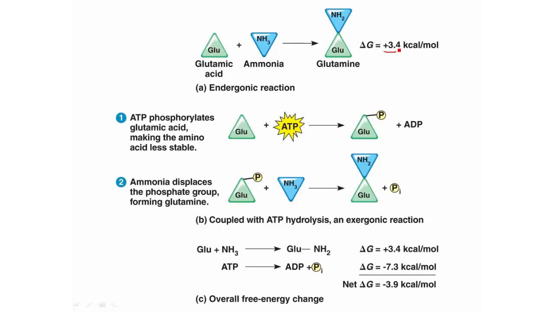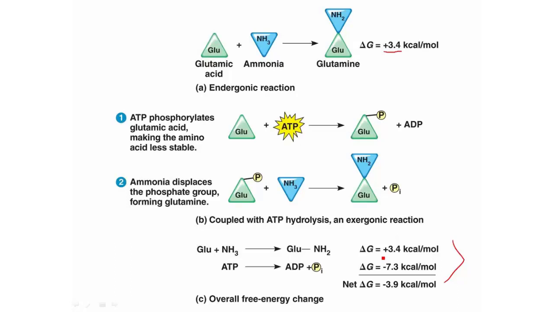So it's a pretty complicated diagram here, but if we look down here at the bottom, if we take ATP hydrolysis and we split the ATP apart, as we said before, we get a negative delta G, and the value is actually negative 7.3. So 7.3 kilocalories is being released when we run that particular reaction. Well, the endergonic reaction that we want to run in this case actually requires 3.4.